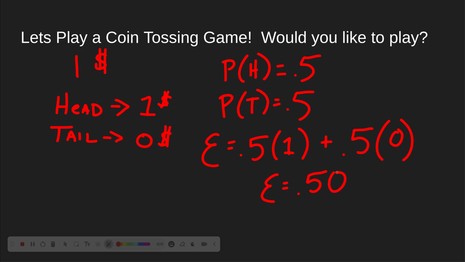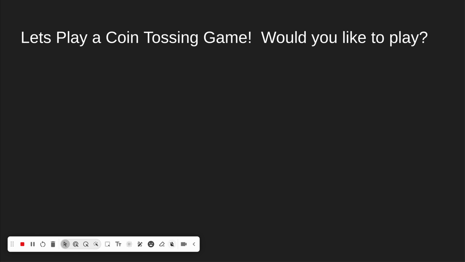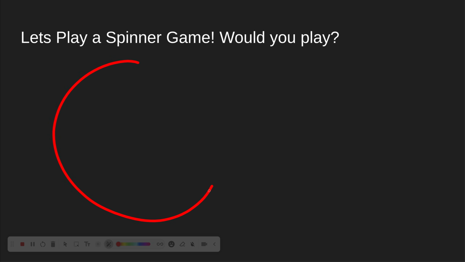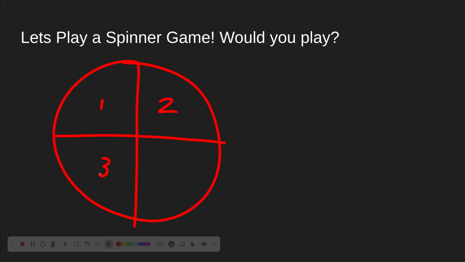All right, now let's look at one that's maybe just a little bit more complicated. Now let's do a spinning wheel. And imagine that this is a real circle with symmetric lines, so every one of these quadrants is exactly the same area.